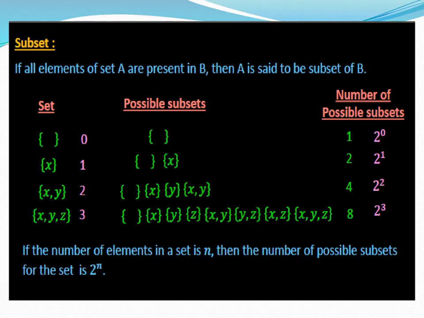Then the pairs of elements {x, y}, {x, z}, and the remaining {y, z}. So you can write all possible subsets using that formula: if the number of elements in a set is n, then the number of possible subsets is 2 power n.